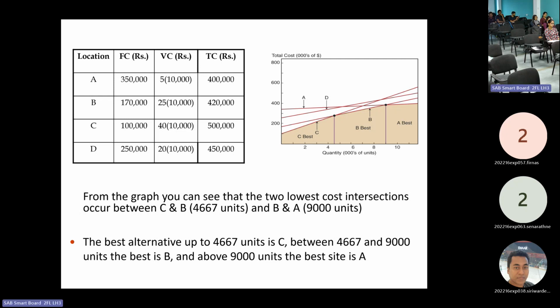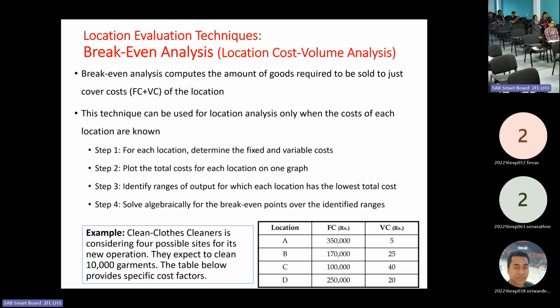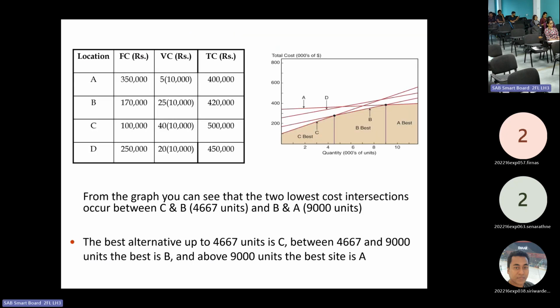Now, in the question, it is given that they are going to operate at 10,000 units. So which location do you recommend? B, C, or A? D is anyway not selected.